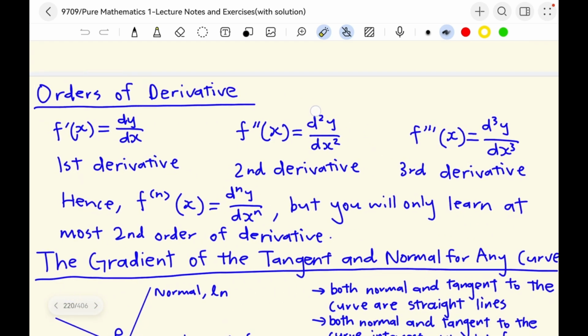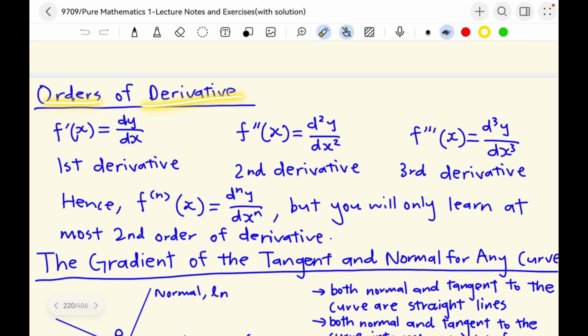So, about the orders of derivative, it depends on how many times you have differentiated the given function. Let's say y is equal to f(x). If you differentiate once, this is the first derivative, so-called first order.